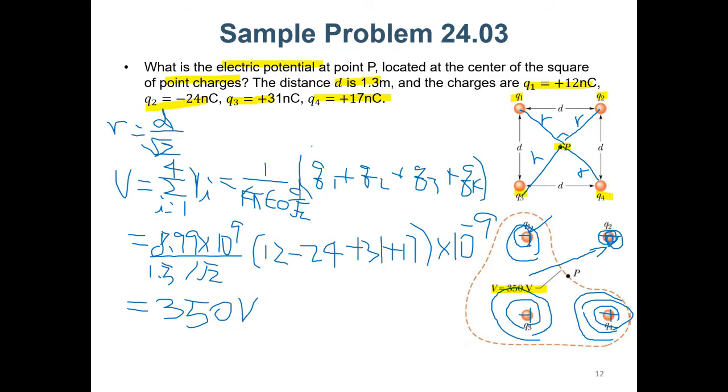So you can imagine very close to this positive charge, the potential here will be very high. This will be very high. This will be very high. And this will be very low. So you can imagine like this. And there may be some equal potential line, equal potential surface like this.